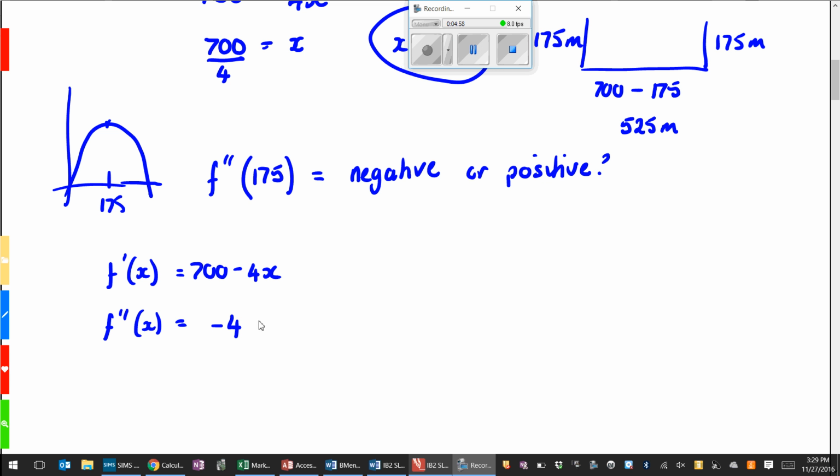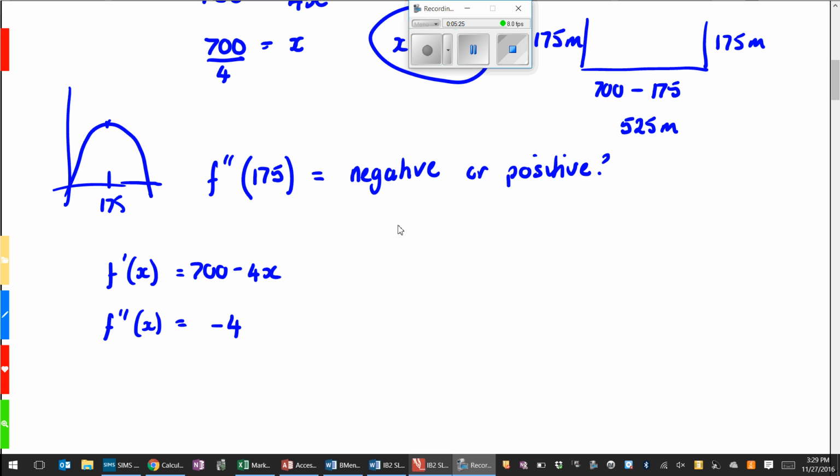Now at this point, it might seem a little confusing that we've only got minus 4, so we can't actually put in 175. But what this means is that the second differential will always be negative. Therefore, at this point where we know the first differential is 0, we know the second differential will be negative. It's minus 4, so that means we must have a maximum.